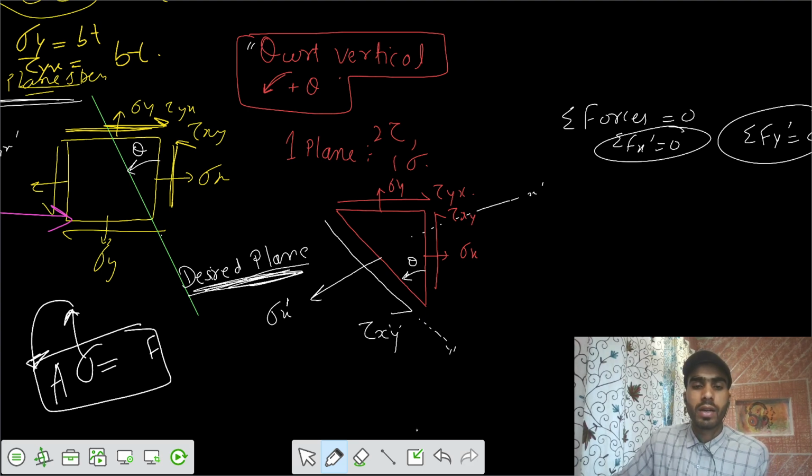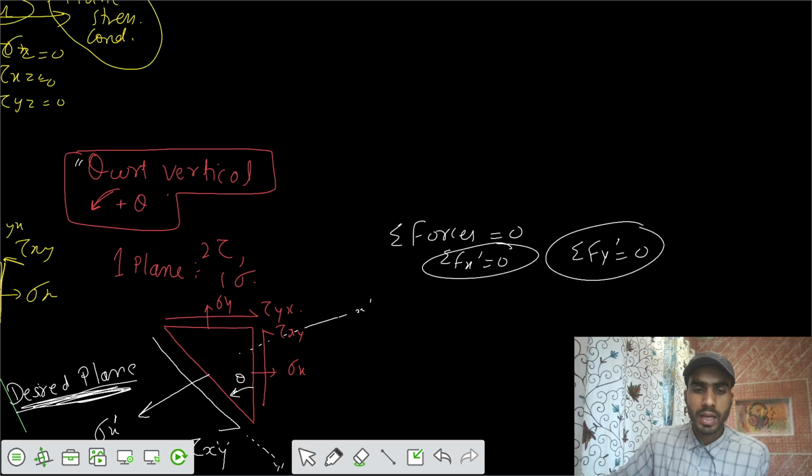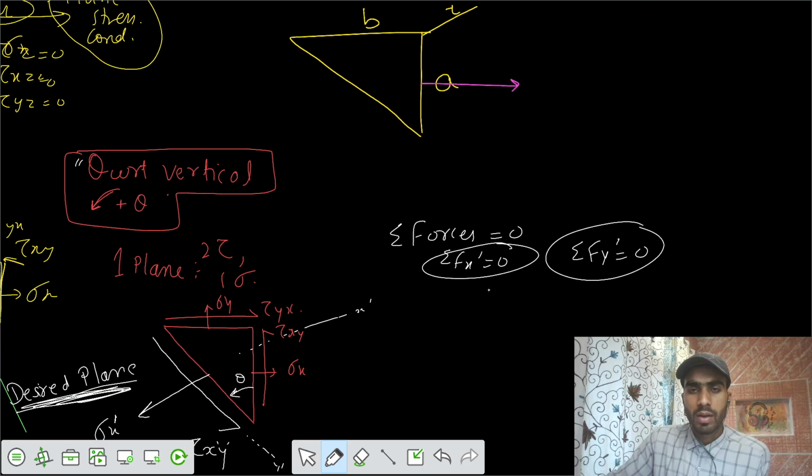Let's cut the section and make it in this fashion now. I would name this length a and this length b, with thickness t. We know this stress is acting here, so I can convert this stress sigma x into a force: sigma x into area, a into t.